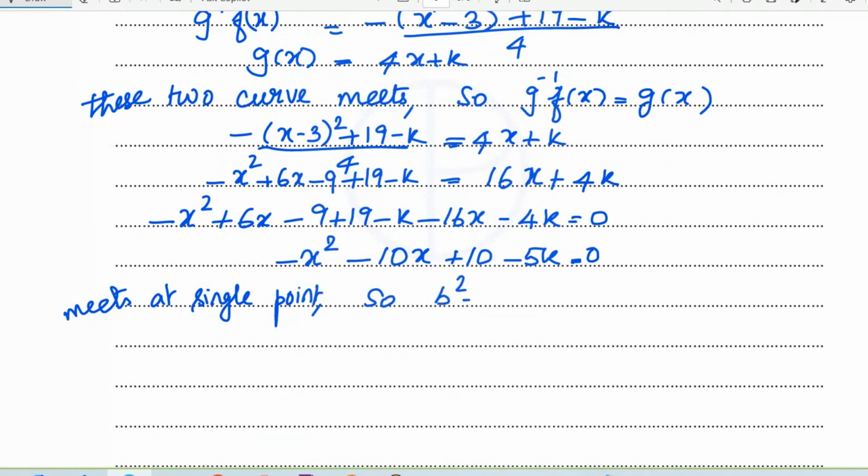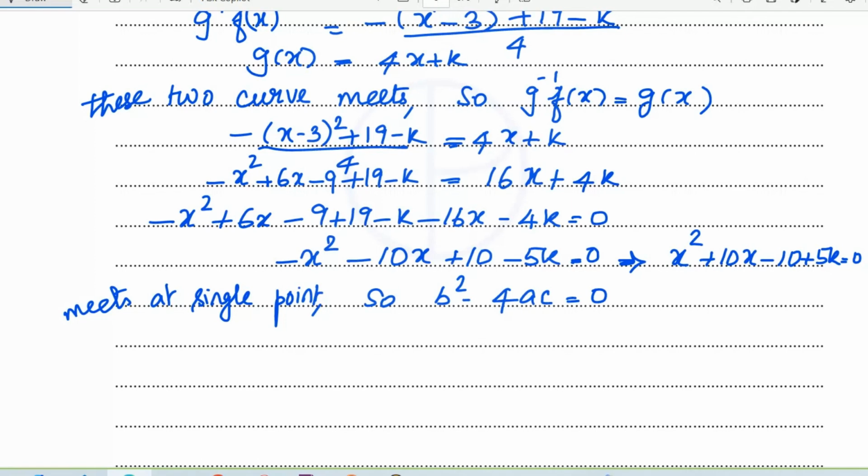So let's rearrange the equation as x square plus 10x minus 10 plus 5k equal to 0.